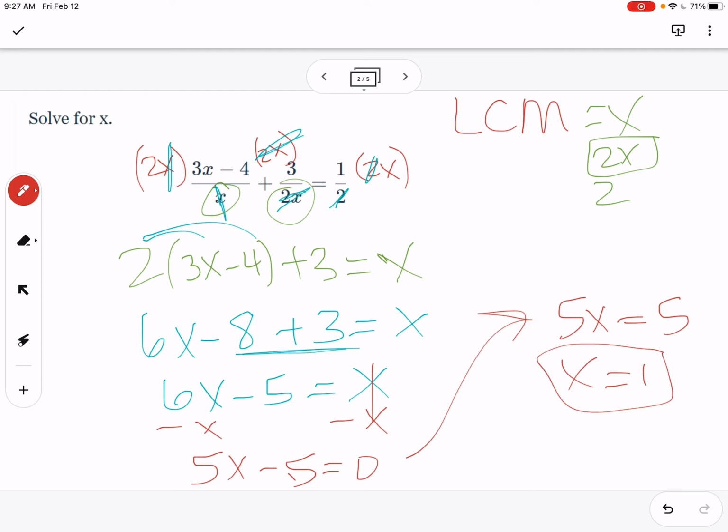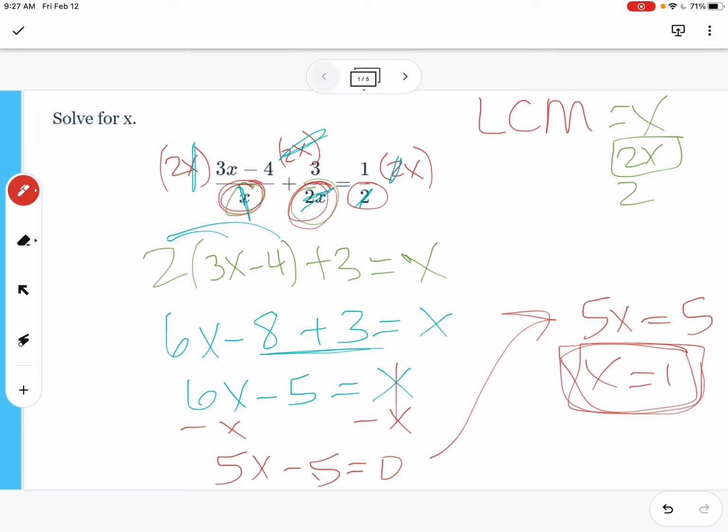Okay, one of the things we need to do is check for extraneous solutions. We need to check if when we plug this back in, any of the denominators will give me 0. Remember, you can't divide by 0, so you have to plug in that number. Well, if I plug in 1 here, I don't get 0 in the denominator. If I plug in 1 here, I don't get 0 as the denominator. So this is good, this works.